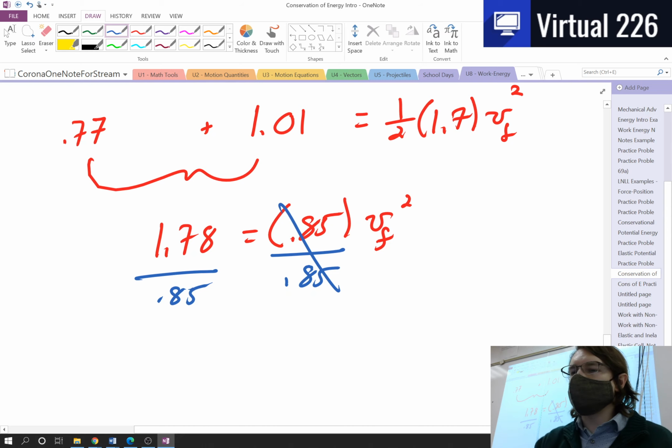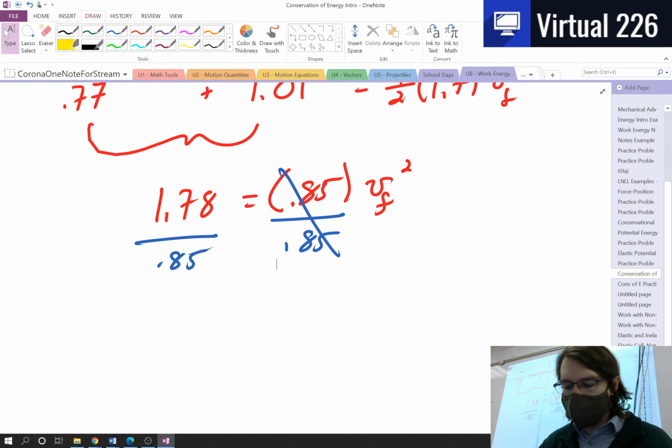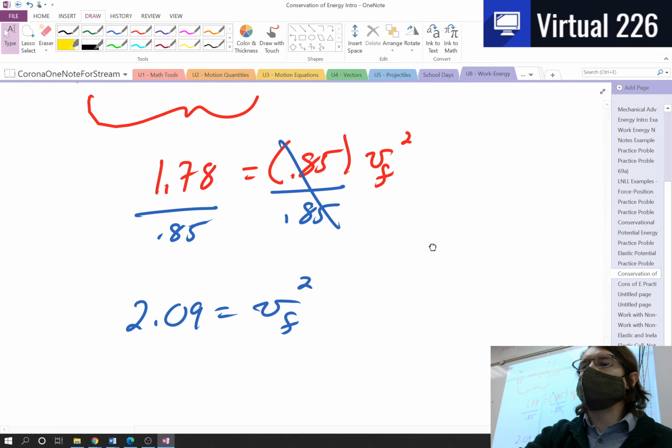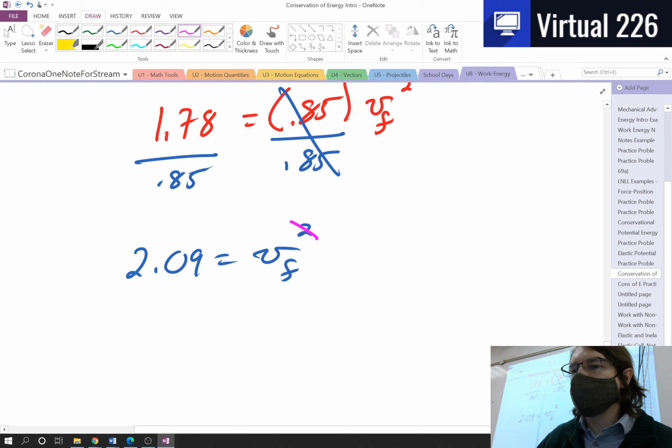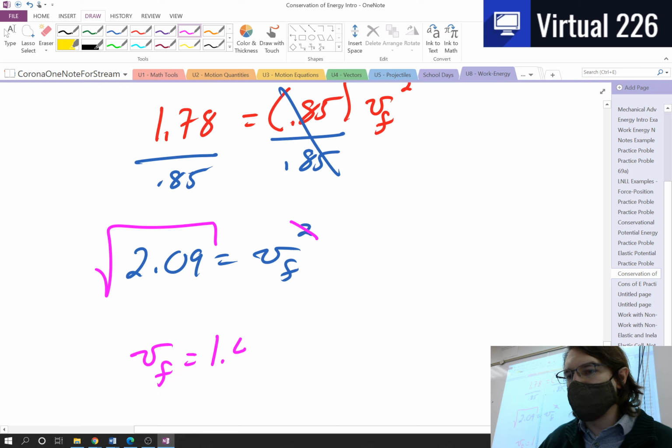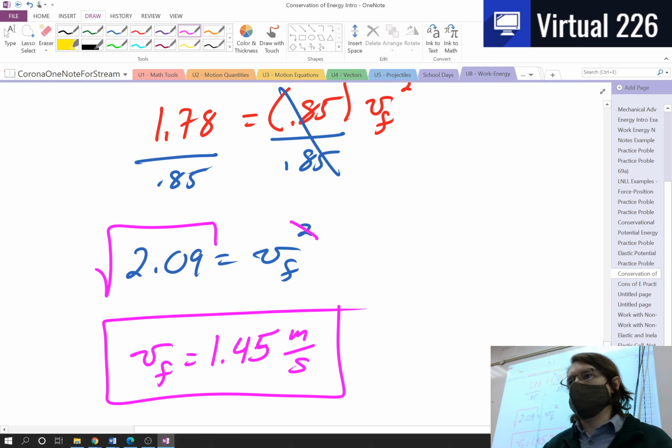We should get something around 2-ish, it kind of looks like. So 1.78 divided by 0.85, 2.09. That equals vf squared. And we've done this enough times to know that if you want to get rid of the square, you take the square root. And the square root of 2.09 gives us a final velocity here of 1.45, if we round up, meters per second.